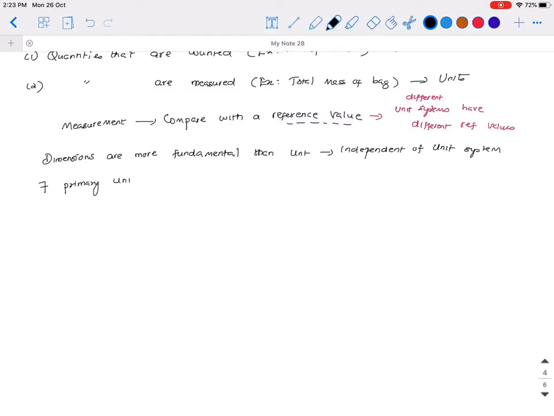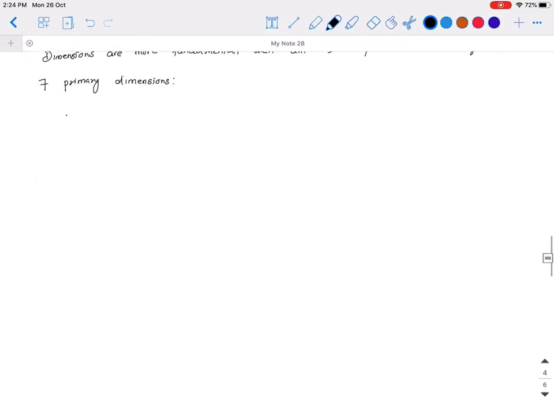You know that there are 7 primary dimensions: mass, length, time, temperature, amount of matter, and amount of light.